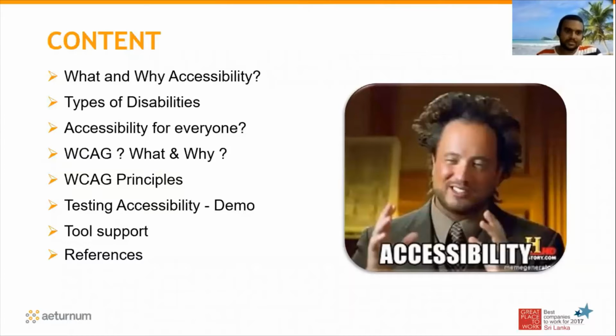Then WCAG principles, and testing accessibility, where I'll show you a quick demo using one of the incentive applications which uses accessibility, the PUBD application. Then I'll show you tool support and references, and we are done after that.